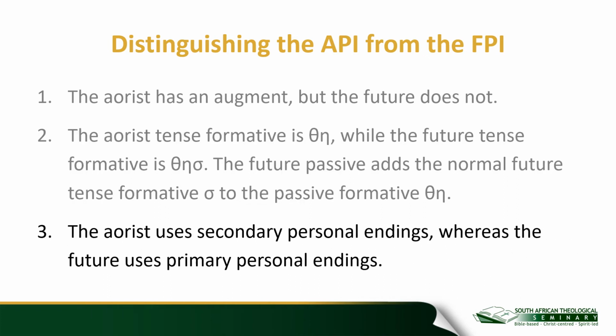Three, the aorist uses secondary personal endings, whereas the future uses primary personal endings. Both of these are fairly intuitive because they are respectively augmented and non-augmented tenses. So these are three things to look out for to help you to distinguish the aorist passive indicative from the future passive indicative.